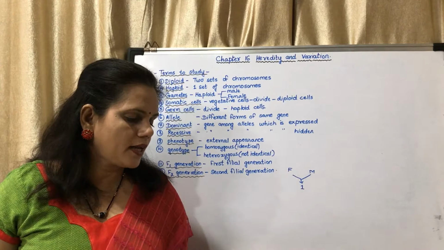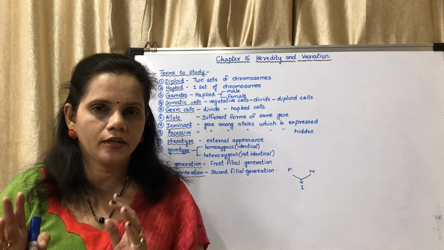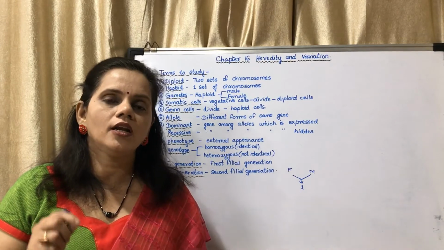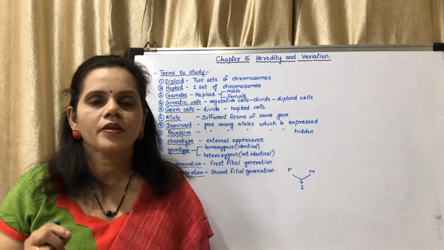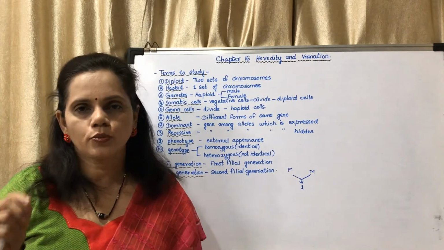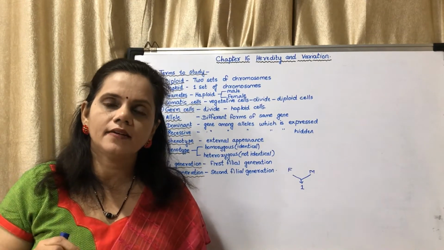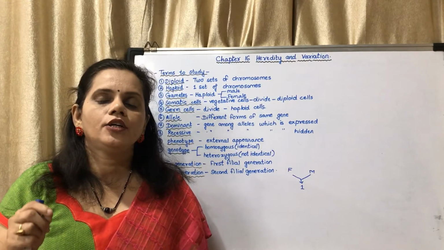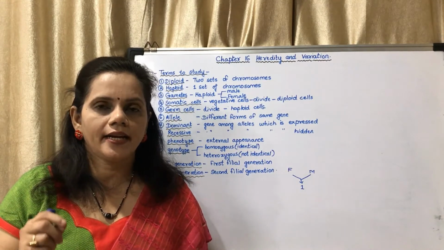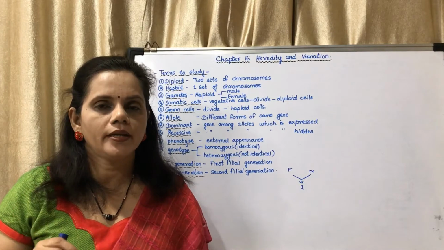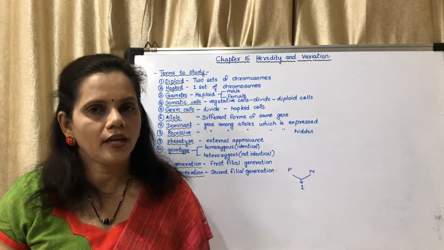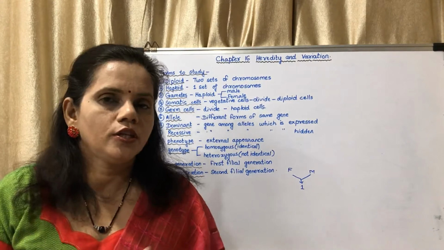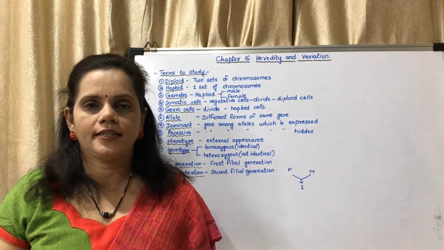Now I will explain with the help of tall and dwarf. You may see in the textbook that for tall they have written capital T and for dwarf they have written small t. While drawing the chart, you have to write the capital letter for dominant characteristic and small letter for recessive characteristic. I told you there are 2 genes for one characteristic.